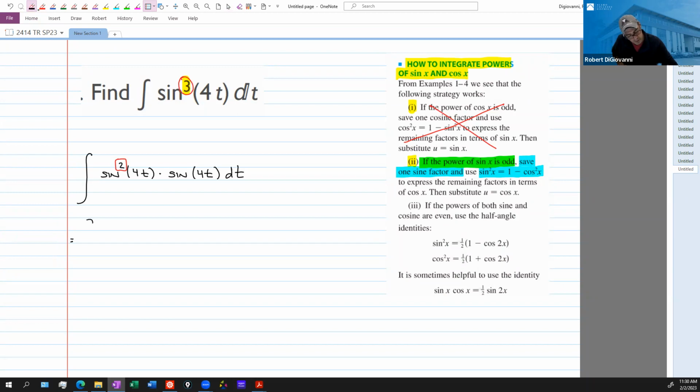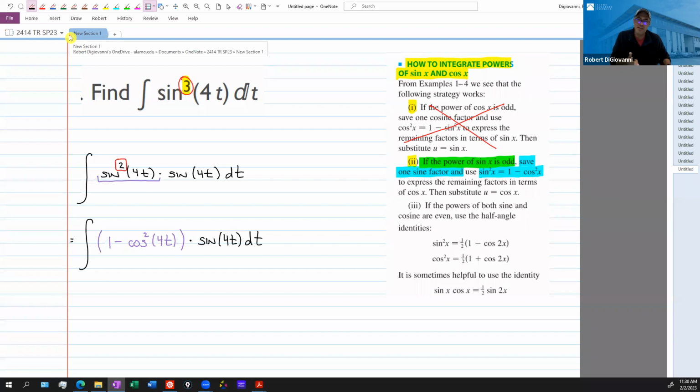This equals, I'm going to take that even power of sine and rewrite it as 1 minus cosine squared of 4t, and then leave the sine of 4t there. See what I've done? I rewrote sine squared 4t as 1 minus cosine squared 4t.